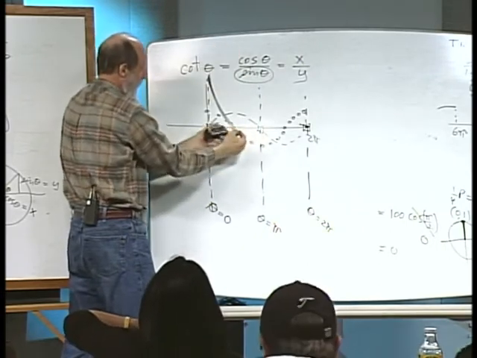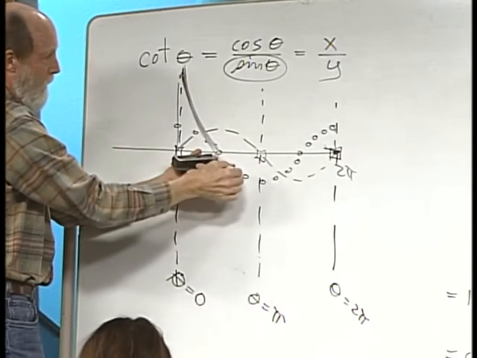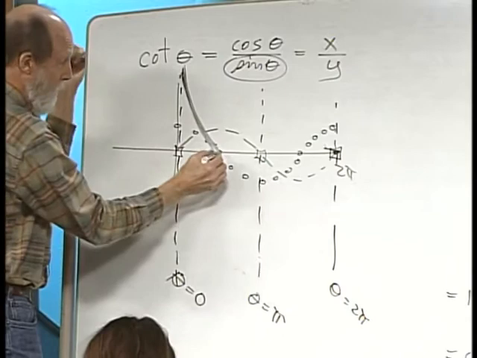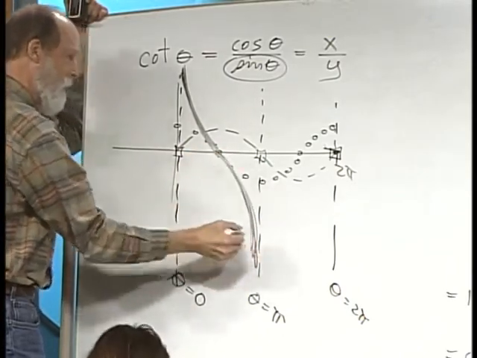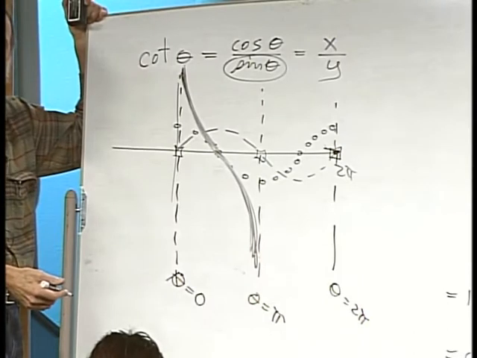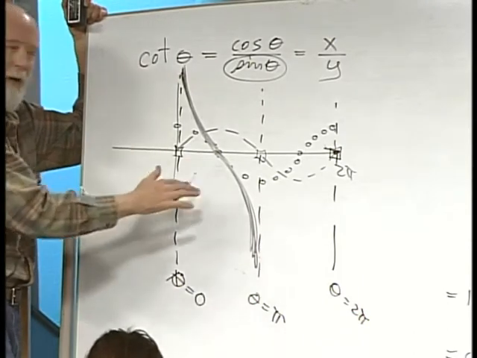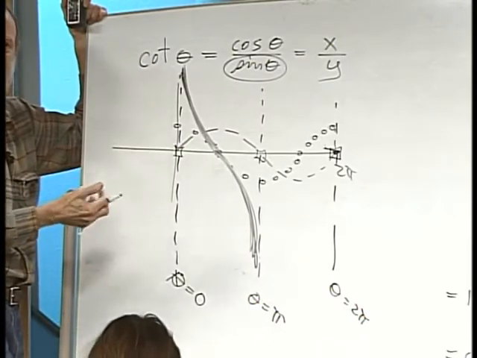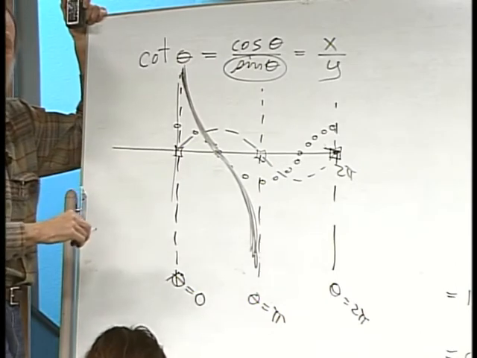And then in the next interval, from pi over 2 to pi, you have negative values divided by positive values. You have negative results. And so this shape of the graph is identical to the tangent, isn't it? If you think of the pattern behavior, the shape is identical, except it looks like it's been flipped upside down or turned around, doesn't it? Okay? And we'll look at that connection soon.